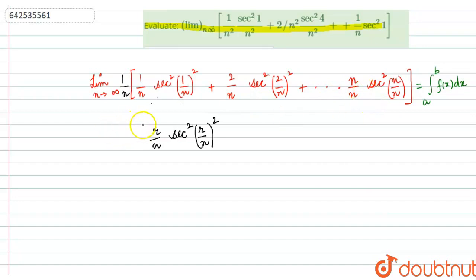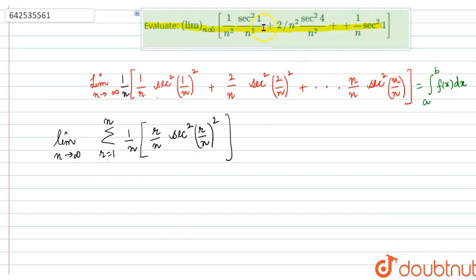So this series can be represented with sigma, the sum where r goes from 1 till n, and the limit is n tends to infinity.